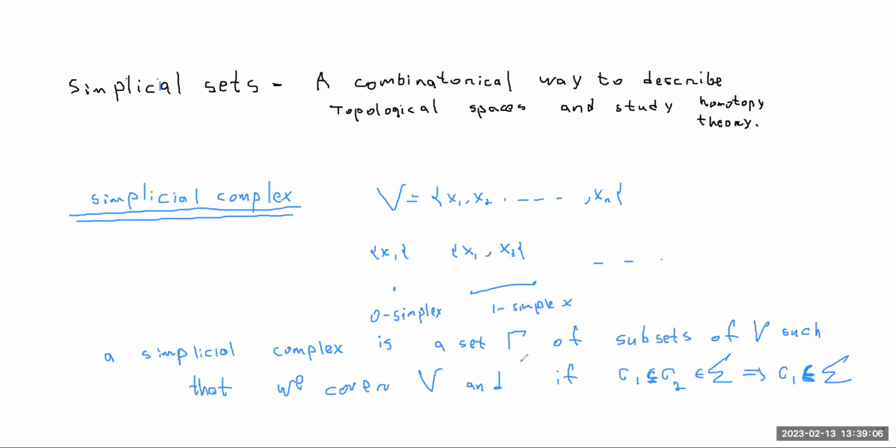But of course, not every topological space can be described in this combinatorial way. You see, we didn't mention topology here. We just have points, combinatorics. This is what we want to do, but still not every topological space looks like this, or is at least homotopic to something like this.